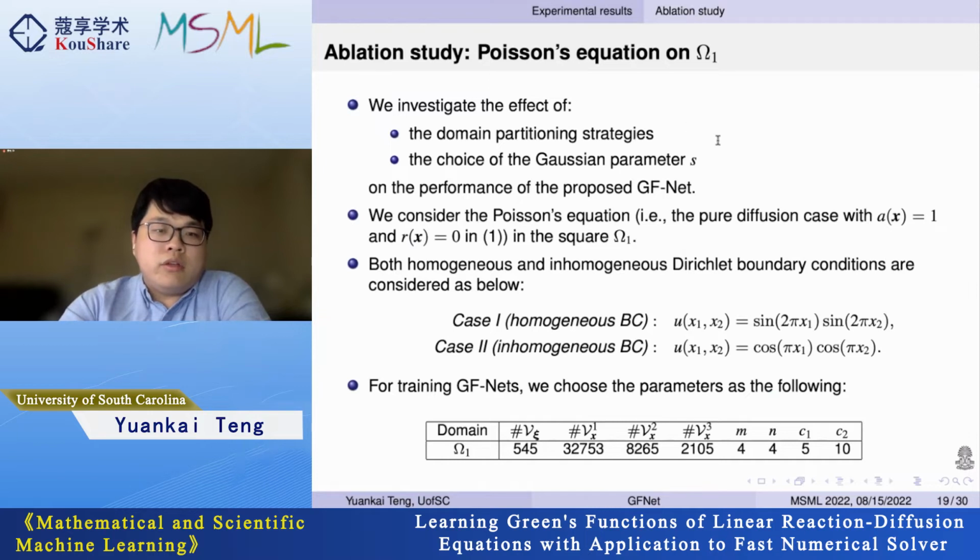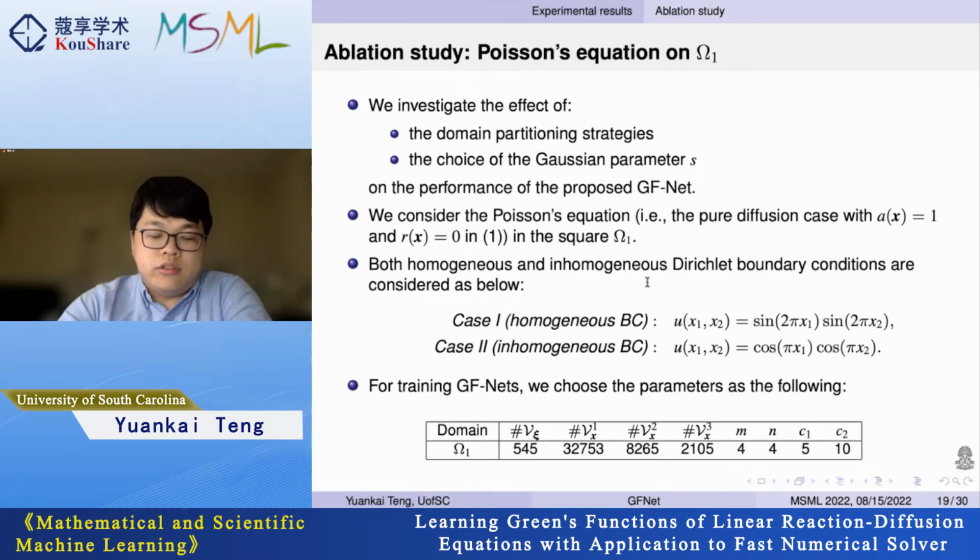And then we want to do some ablation study based on the Poisson's equation on omega-1. Here we would like to investigate the effect of the domain partitioning strategy and the choice of the Gaussian parameter S. We consider the Poisson equation here, which is the pure diffusion case with A equals 1 and I equals 0. And we consider 2 different Dirichlet boundary conditions.